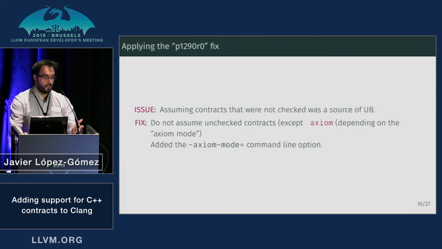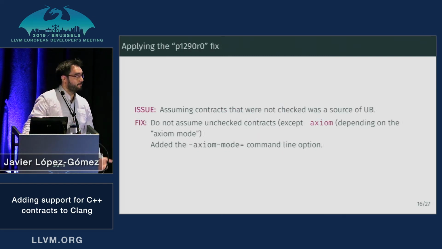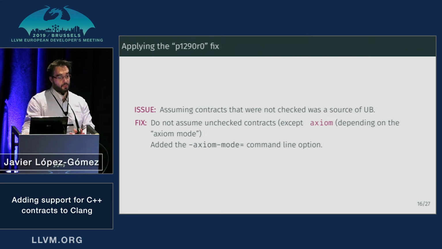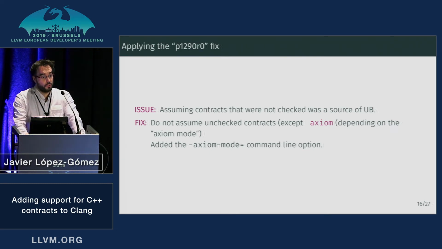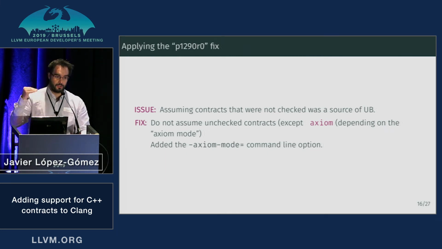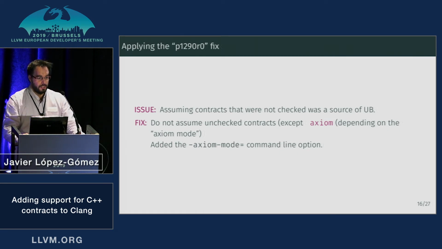So what did we do here? The current proposal of the C++ committee is just not to assume any condition that is not being checked. So if you are compiling up to the default level, you should assume only up to that level. If you are compiling up to the audit level, you should assume all conditions.